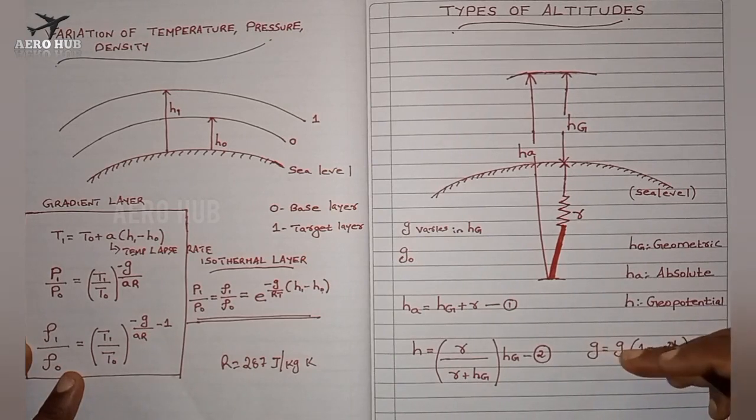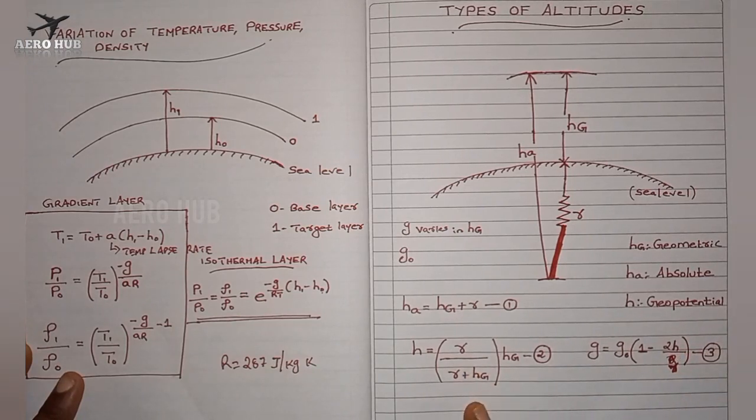Here g naught is a constant value, and h we have taken from the previous equation, equation number 2, and we have the value of the radius of the earth. This is the equation to find the gravity at a particular altitude. These three equations are very important. You can take a screenshot of these equations.